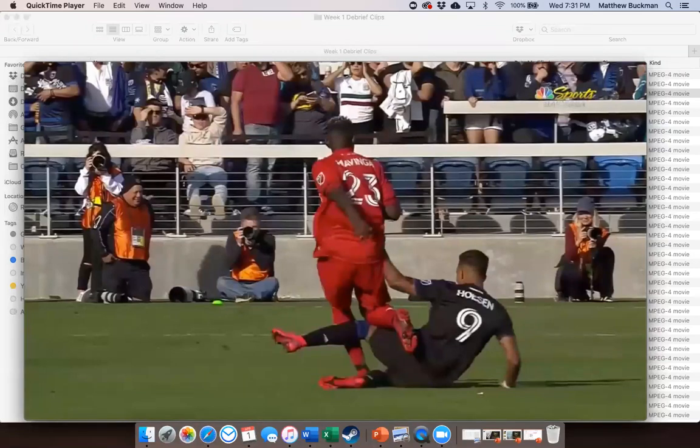So we really want to stick our analysis, particularly when it comes to misconduct, to what we actually witnessed, what actually happened. We don't want to think about intent. What did the player mean to do? What did they not mean to do? We want to be thinking, what's the point of contact? What's the mode of contact? How much force was there? And what's the shape of the body?